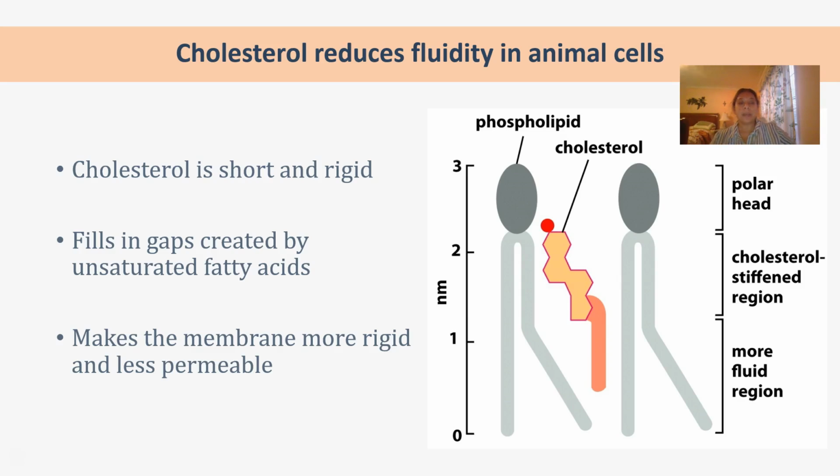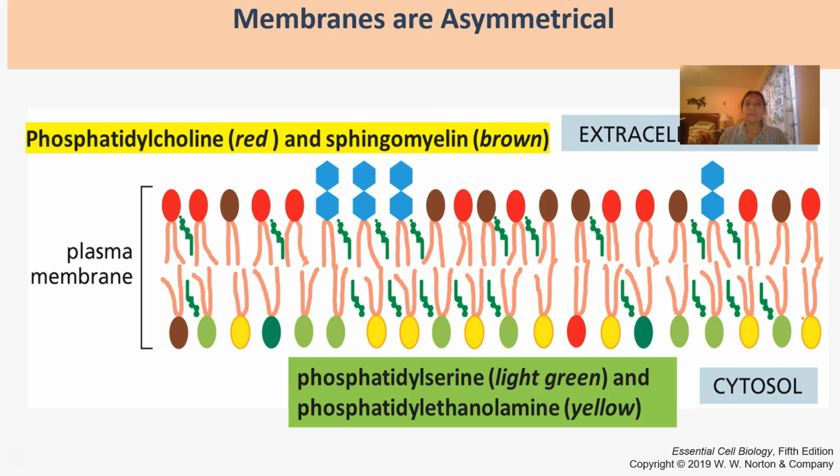Okay, so cholesterol, with its rigidity and small size, can fill up some of these gaps and decrease the permeability and make an area of the membrane more rigid, allowing for a more controlled environment in that space.